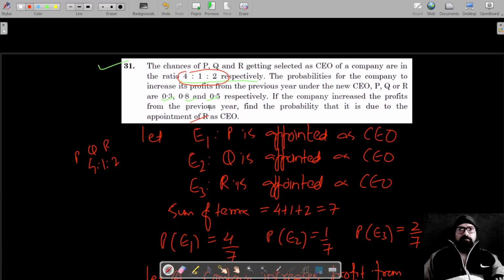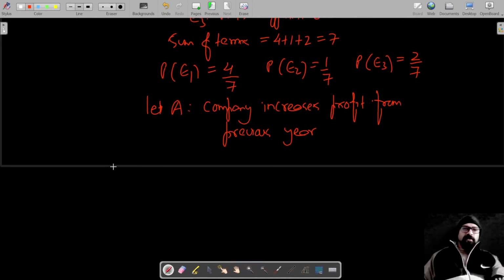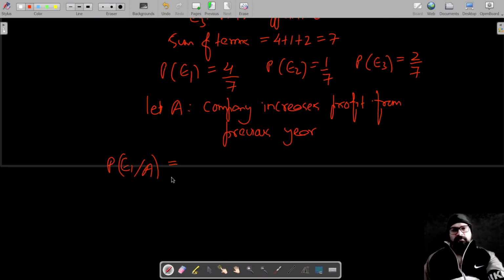Further, it is given that the probabilities of getting the profits under these CEOs are 0.3, 0.8, and 0.5.